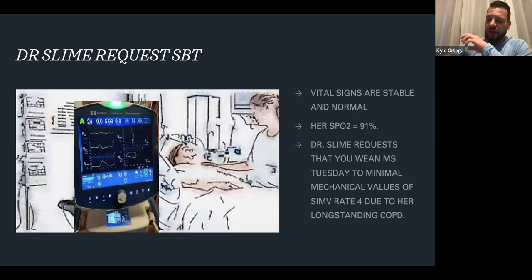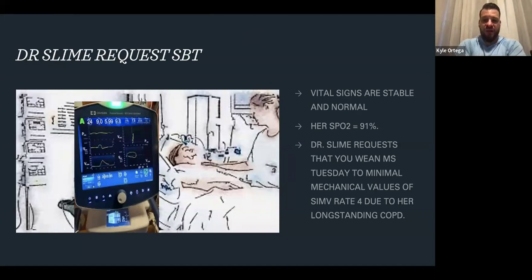Looking at her heart rate, if there's an increase or decrease of greater than 20 beats per minute from baseline, or if it's greater than 130 or less than 60, I'd discontinue. Also, her SpO2 below 90%, but in her case, 4% from her baseline, since she's a COPDer, and pH less than 7.30. And also, if she's just agitated and her anxiety is increasing, it might not be time to pull that tube yet.